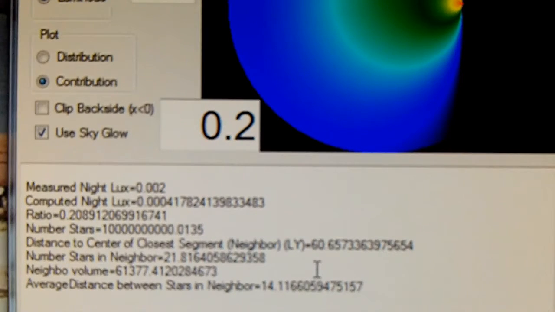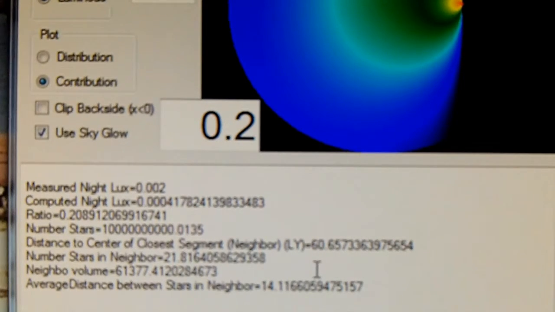Because either there's too few stars in the Milky Way galaxy, or our understanding of where our location is relative to the center of the Milky Way galaxy is completely wrong. And so a little bit better simulation on this will tell us in finer detail what's really going on, or if it's a mistake with the numerical integration.